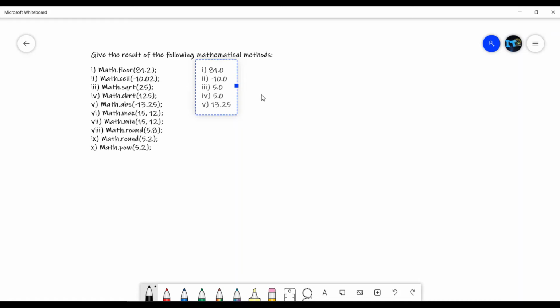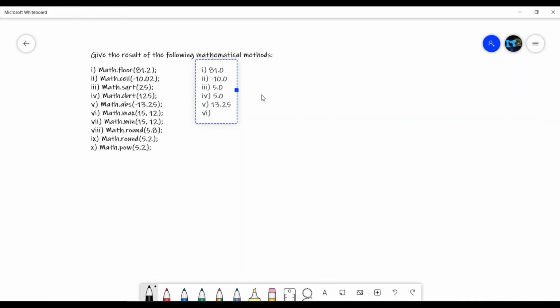Similarly, my next one, bit number 6, Math.max of 15 comma 12. What is the working of the max method here? The max method return type is double, or it may be integer too, depending on what kind of data type you provided.